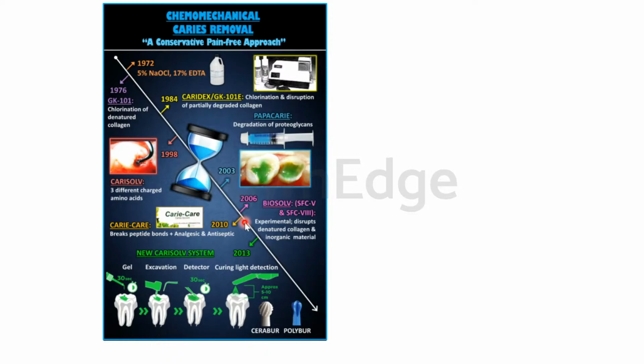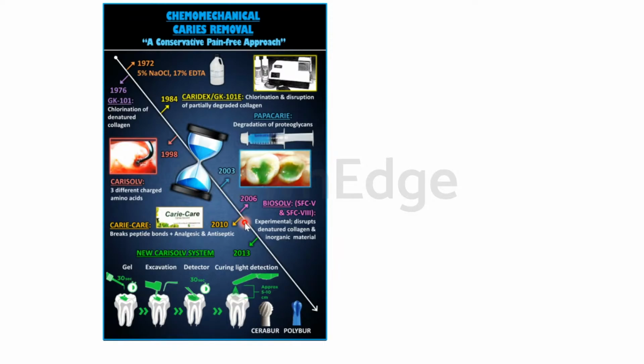So all these three, along with sodium hypochlorite, helped in removal of a lot of decay. But the problem with this was it was not very effective in removal again. There was chlorination of the glycine in the denatured collagen, that is the collagen from the decomposed dentine. There was chlorination of the glycine molecule in that, and this formed something called N-monochloroglycine, that is NMG.